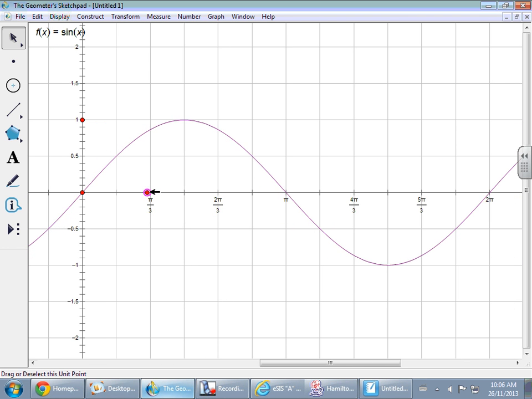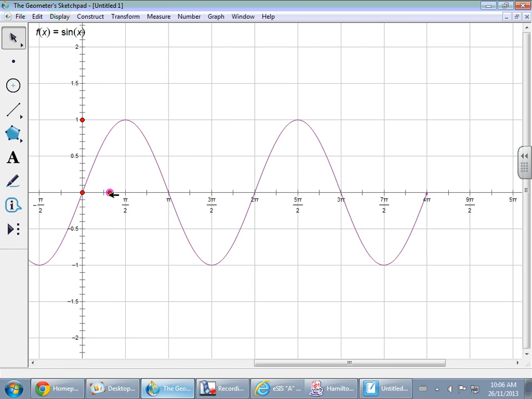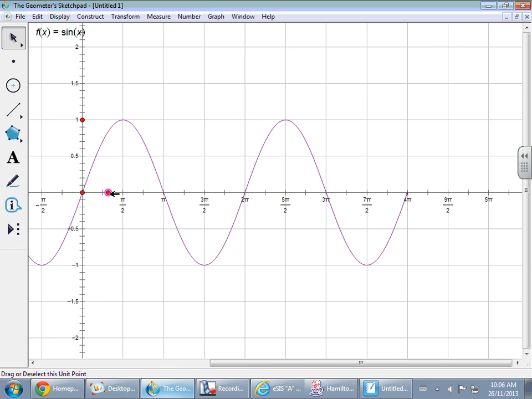My question here is, when is it equal to 1/2? It's equal to 1/2 here, here, here, and here, and if the program kept drawing it, it would be equal to 1/2 again. How many times is my sine curve going to be equal to 1/2? Yeah, it's an infinite number of times.